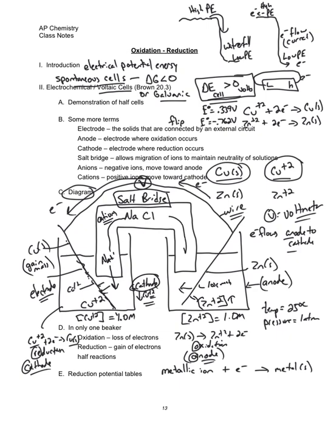Therefore, the anions, the negative chloride ions, have to flow in here to offset the increase of the positive charge. So the anions are going to flow into the anode side to keep it electrically neutral.